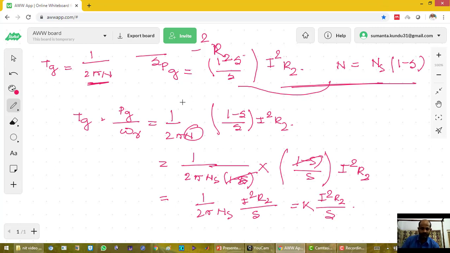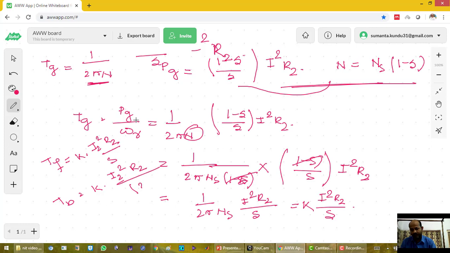Now this torque, as we mentioned, is basically the combination of two torques: Tf, which is k into I2 square R2 divided by s, and Tb, which is k into I2 square R2 by (2 minus s) with a minus sign, and this is in Newton. The unit is Newton, right?